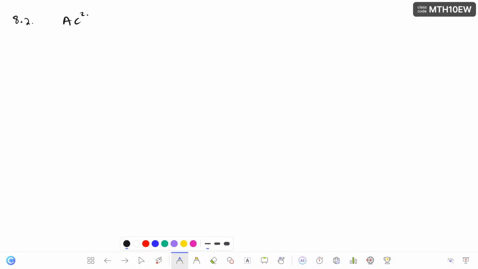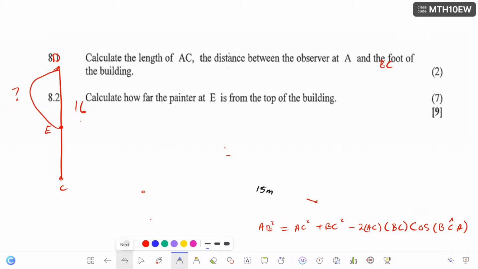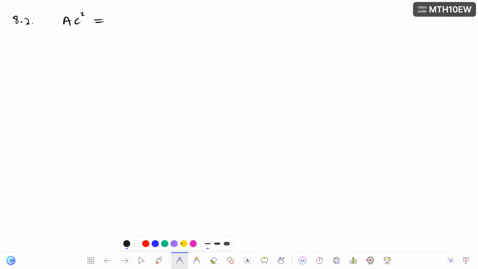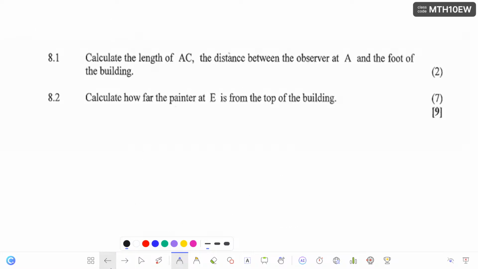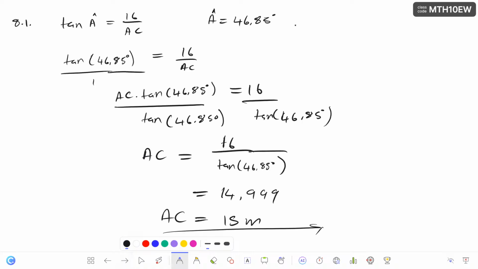I said we have AB is equal to AC squared plus BC squared minus 2 AC BC cos of BCA.